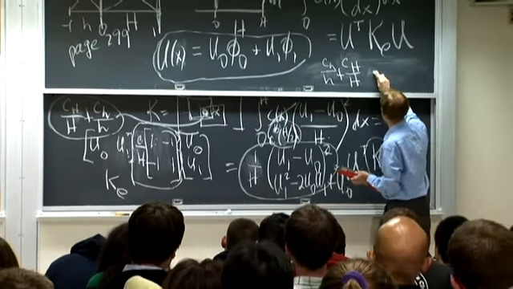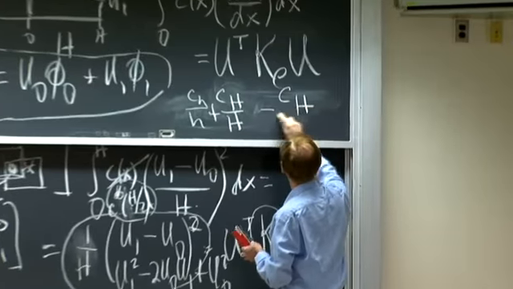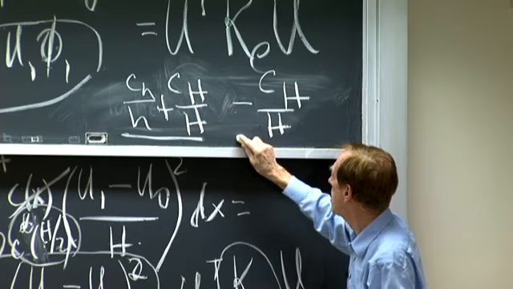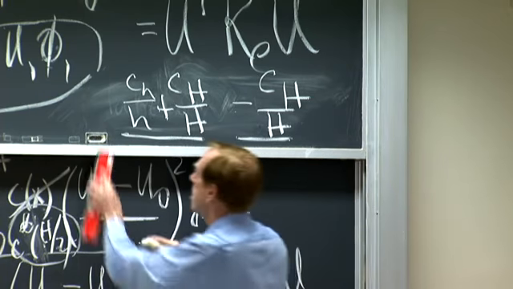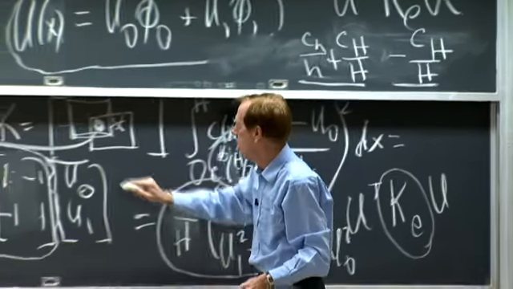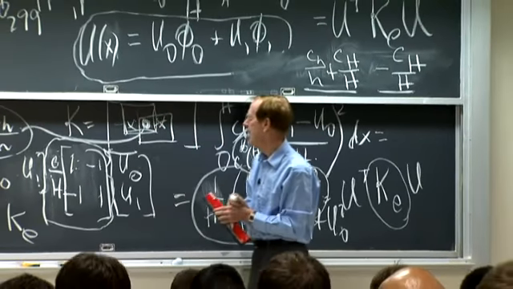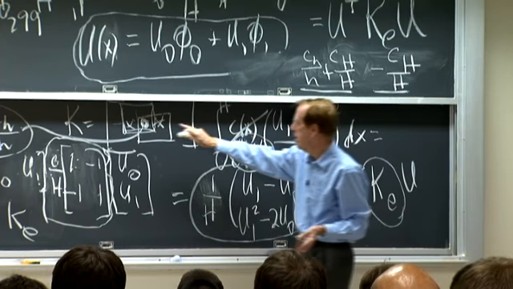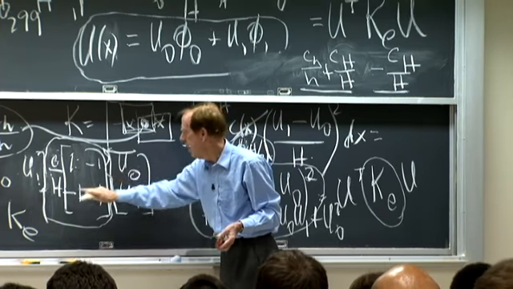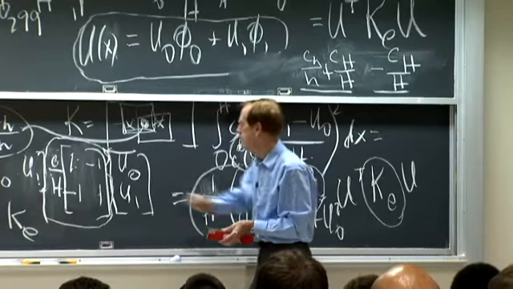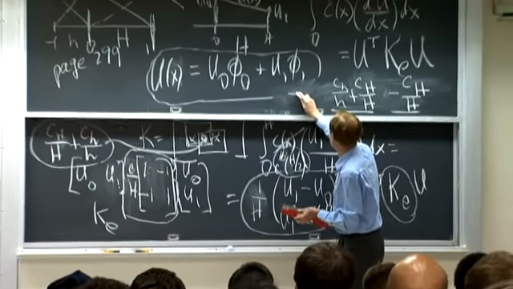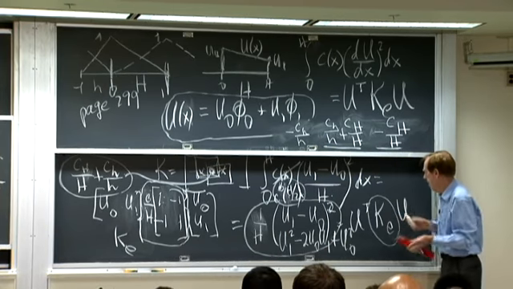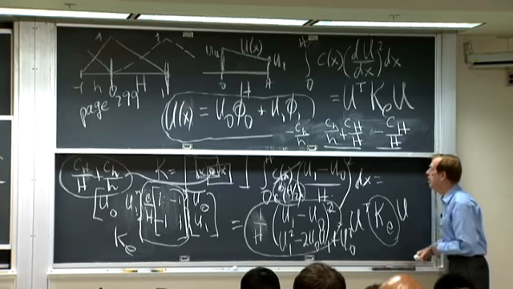The entry here will be the minus c big H over big H. That'll be the entry. This is the diagonal one. This is the one to the right. And what's the one to the left? What's the one here? Well, you know what it is. It's going to come from the minus, and it'll be the minus c little h over little h. Look at that. That just shows you how it works.